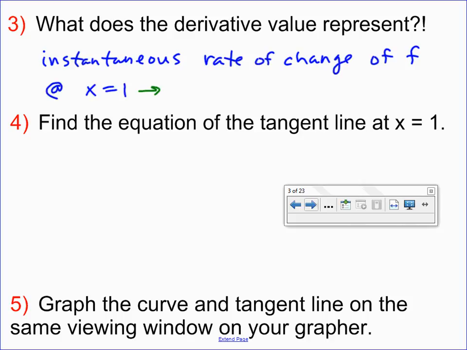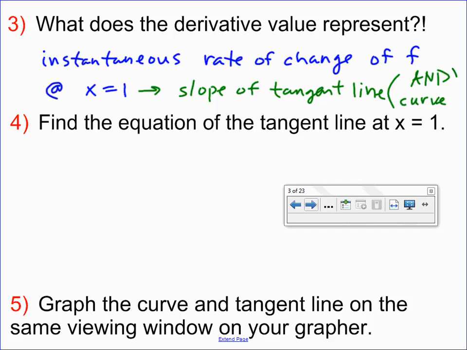That's also the slope of the curve or slope of the tangent line. I'm going to say and. I'm not going to say or. It's the slope of the tangent line and the curve at x equals 1.